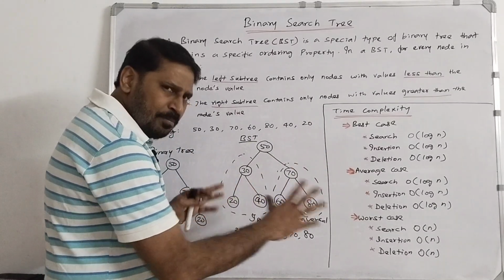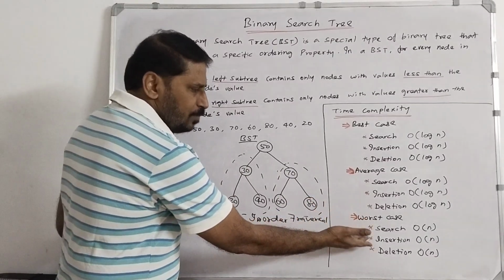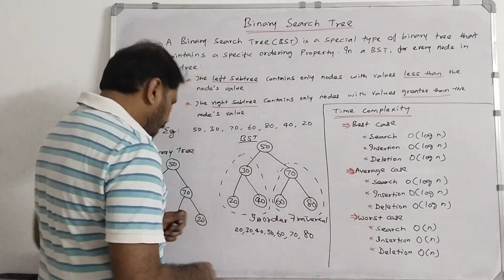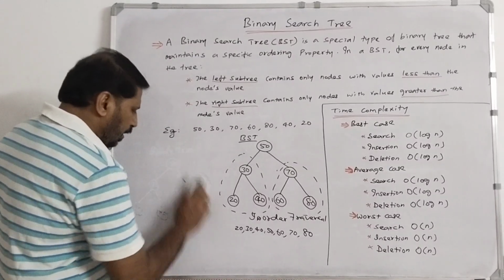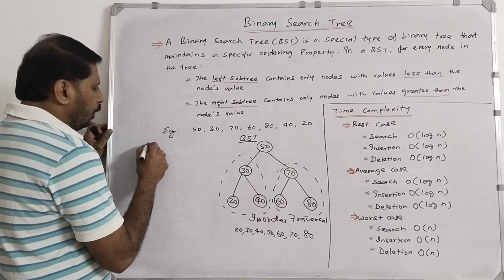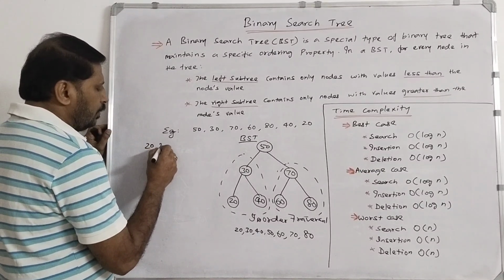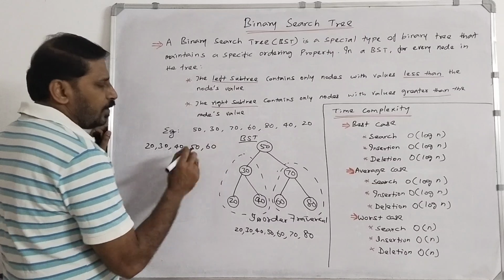If it is imbalanced, in that case we come under the worst case. For example, we are taking one more example here. Suppose the numbers are 20, 30, 40, 50, 60.